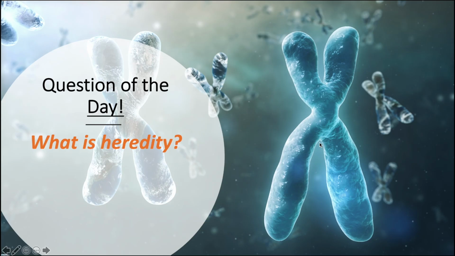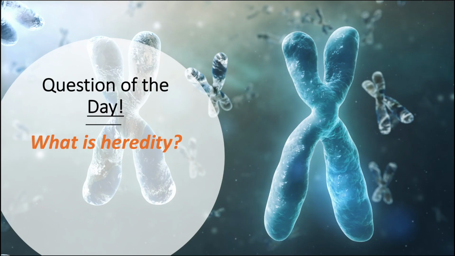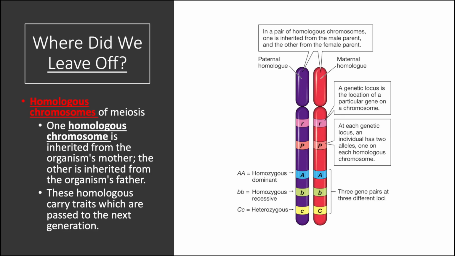Now, because we are pushing for time, I just want to go over a couple things really quick when it comes to heredity. What do these chromosomes do when a mom and a dad unite? We understand that they make children, but we need to understand what heredity is and how these traits get passed on. So remember, a homologous chromosome is inherited from one's mother and one's father, and they are going to be carrying specific traits.